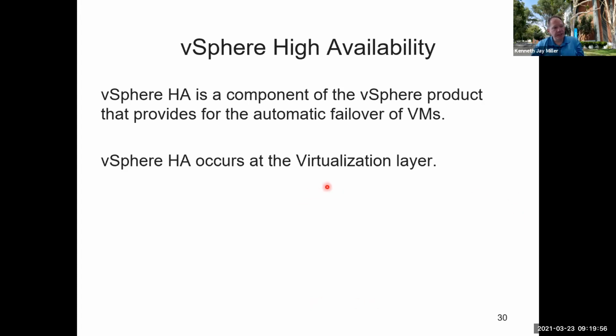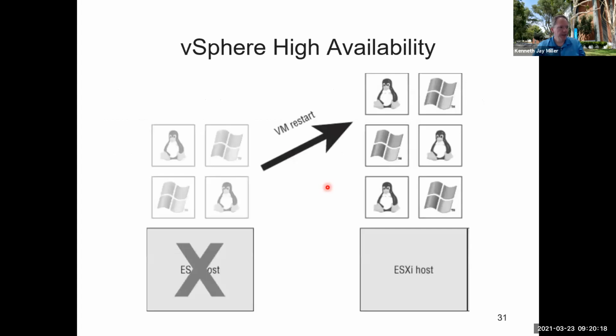This is where we can look at some of the features that we can add to our vSphere system, and this is specifically vSphere high availability. That's a component of the product that provides for automatic failover of VMs. So with high availability, if a host machine and all its VMs fail, those VMs are moved and restarted on another host machine, just like this picture shows.